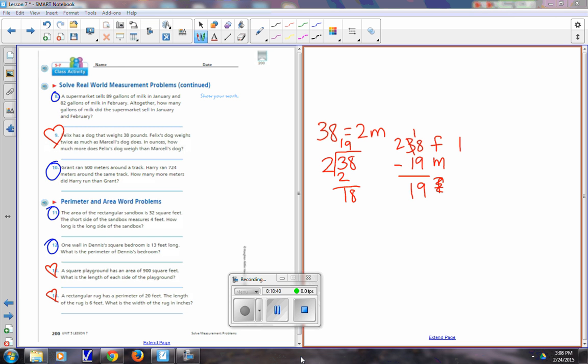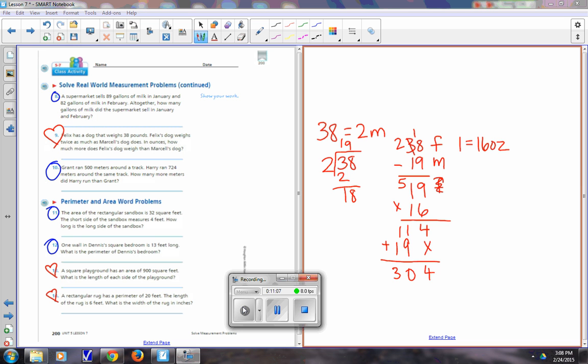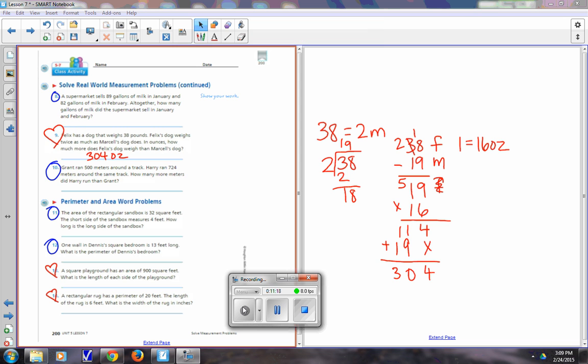I know that 1 pound equals 16 ounces. And it wants to know in ounces. So 19 times 16, carry the 5, 9, 1, 4, 304 ounces. 304 ounces is how much Felix's dog weighs more than Marcel's dog. That had a lot of steps.